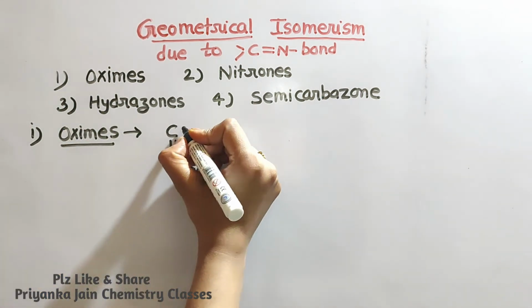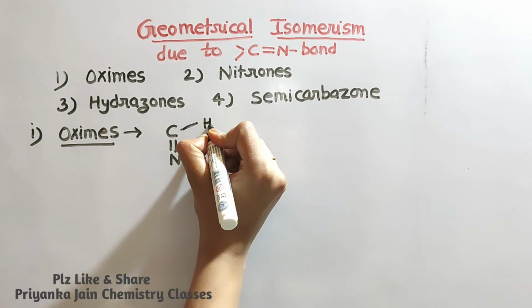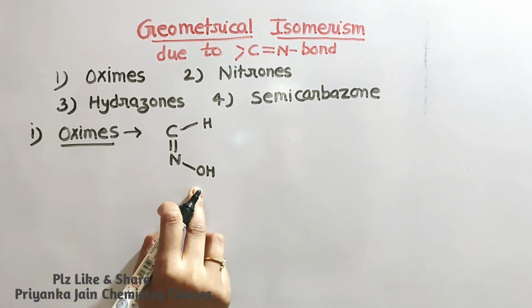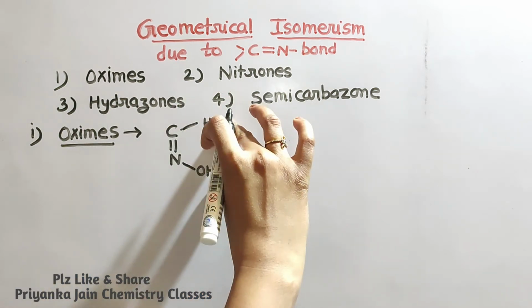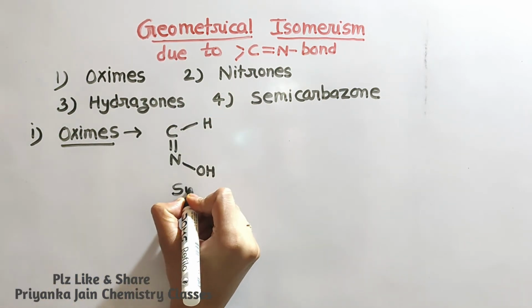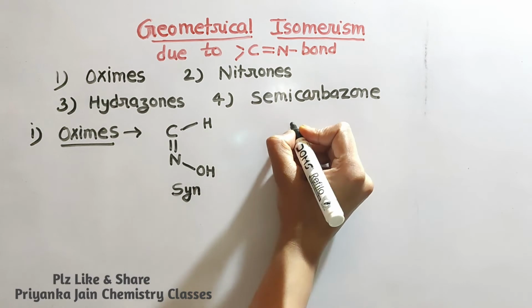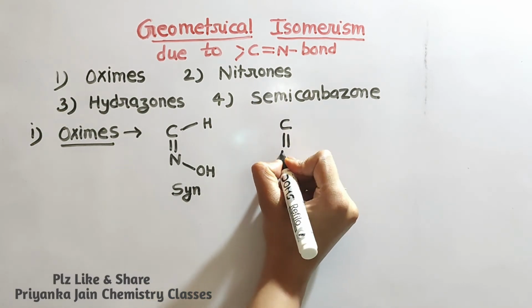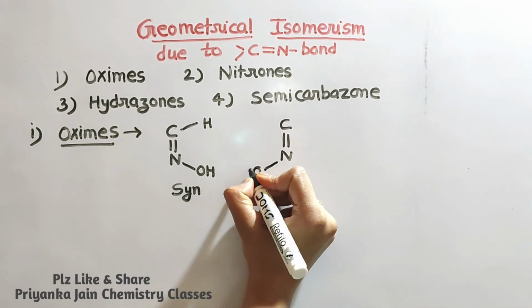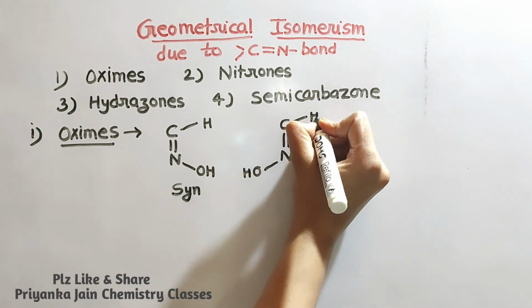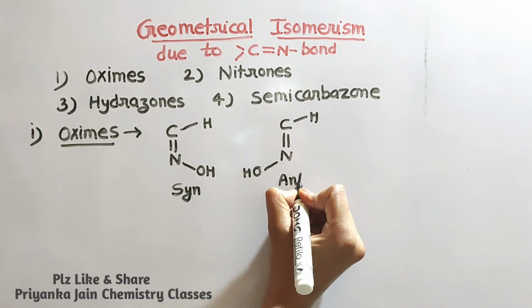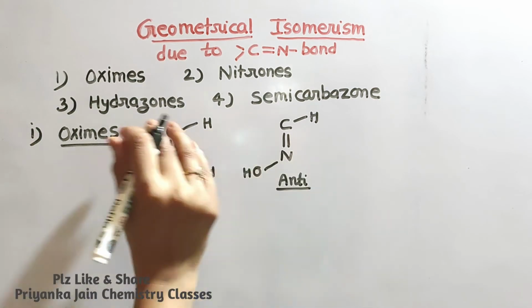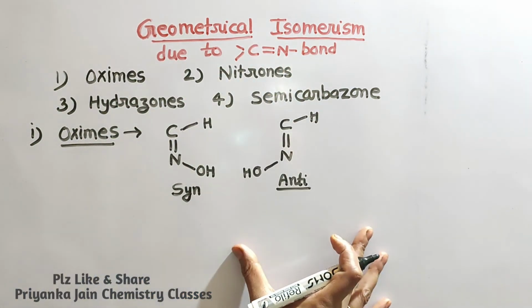Whenever the hydrogen attached at this carbon and the OH attached at this nitrogen are on the same side, this is called the syn isomer, and whenever they are on the opposite side, this is called the anti isomer. In all other cases we use the E and Z nomenclature.